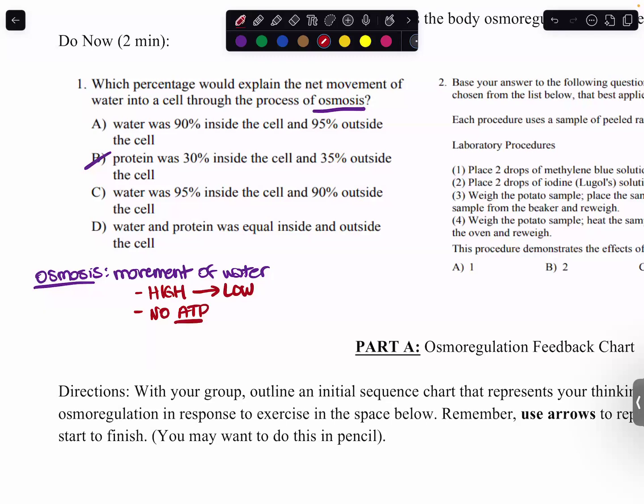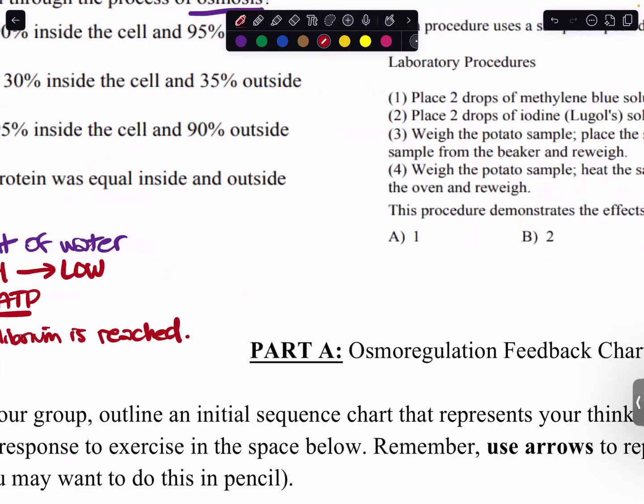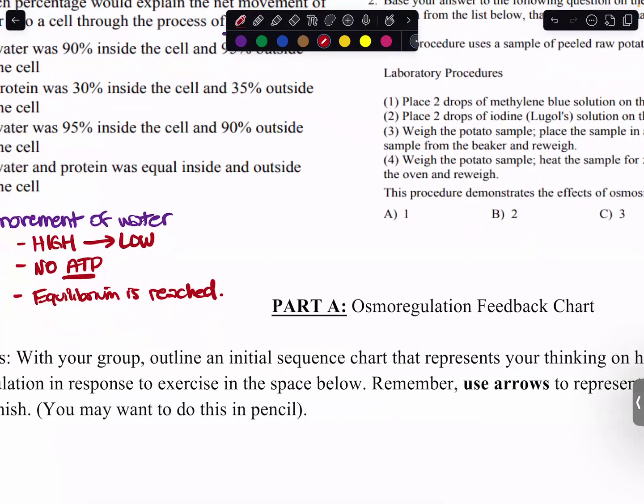If that was the case, we would be in a lot of trouble, right? And it's going to keep moving until equilibrium is reached, all right? So let me just show you exactly what this might look like.